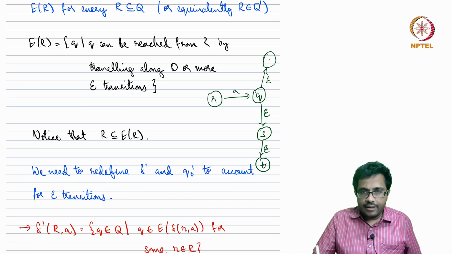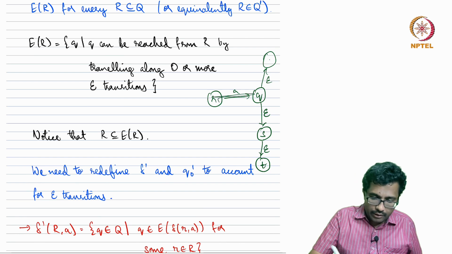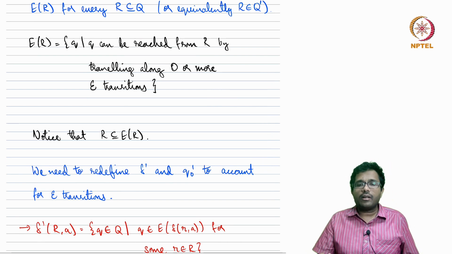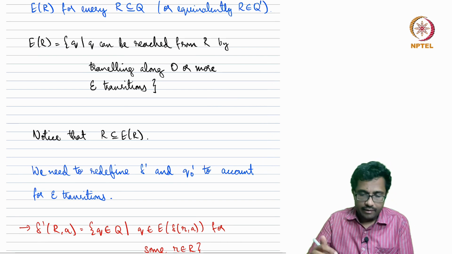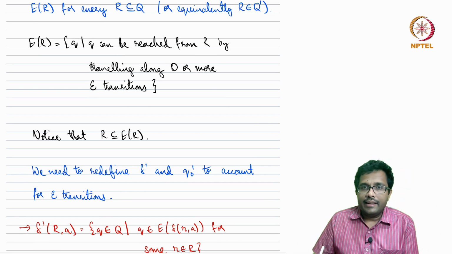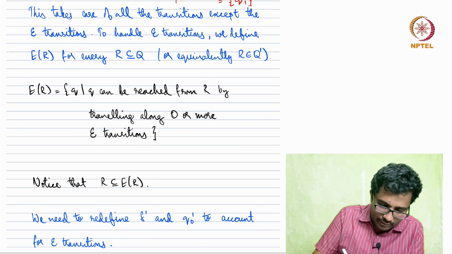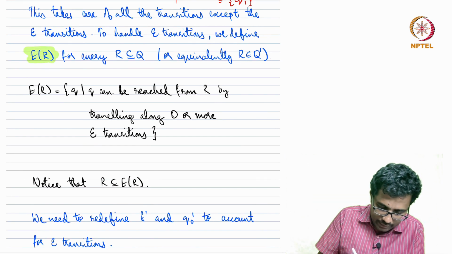So consider all the states that you can reach just by using epsilon transitions. All of these have to be included. Towards this end, we define what is called E of R. That is a notational definition.